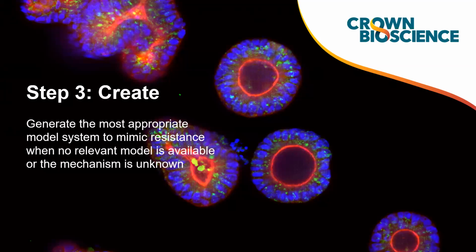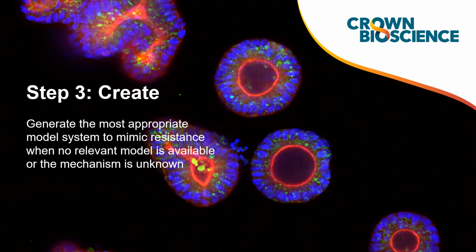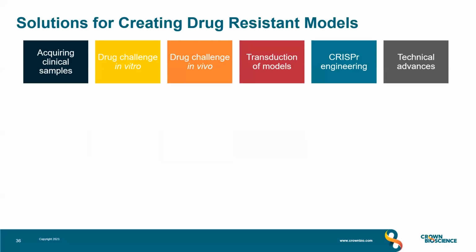This next step is really important, because if you can't find the model within the collection already or in publications, the appropriate model needs to be created to mimic that initial step 1 definition of resistance.